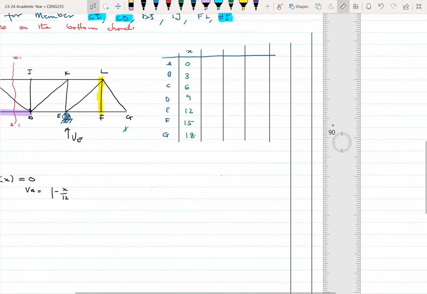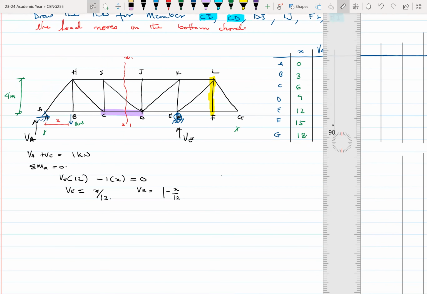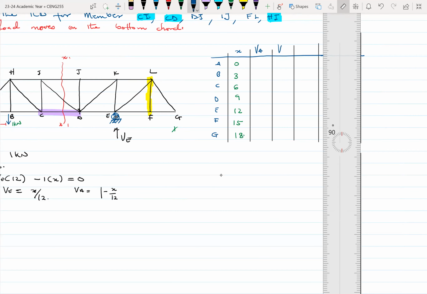Let's play with it. So we have an equation for VA. We also have an equation for VE.